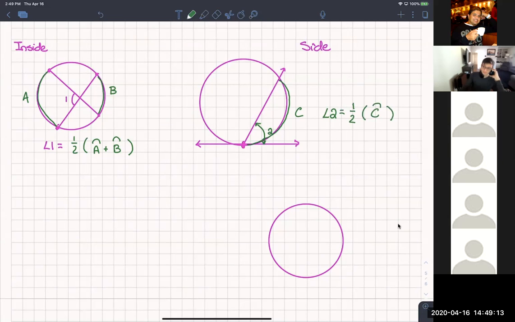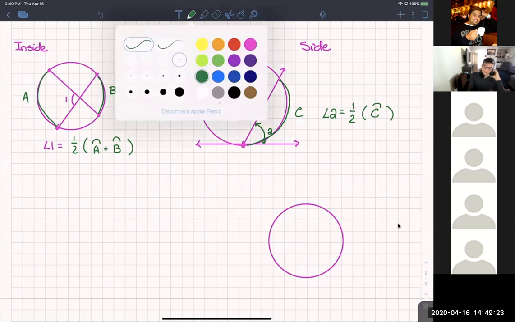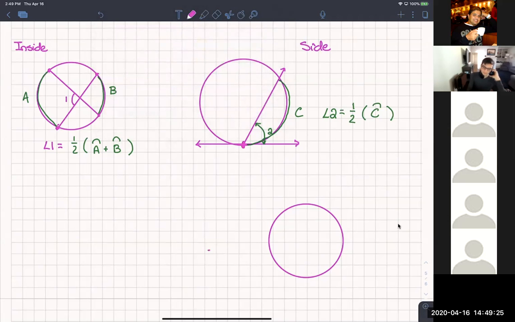And the third scenario is if we have two secants, or two tangents, or a secant and a tangent, and the angle is located on the outside.